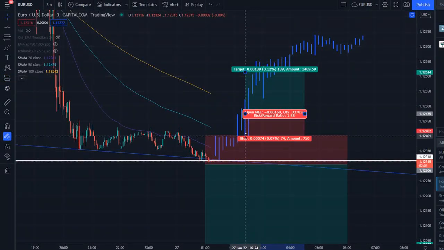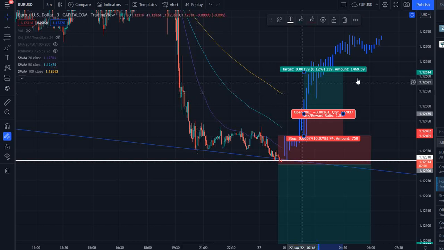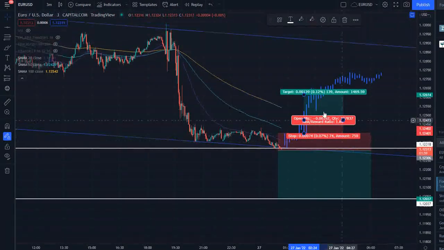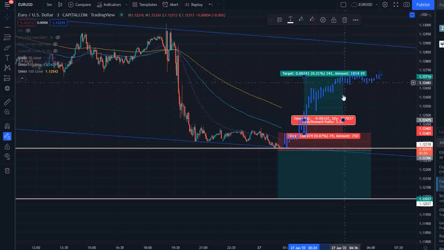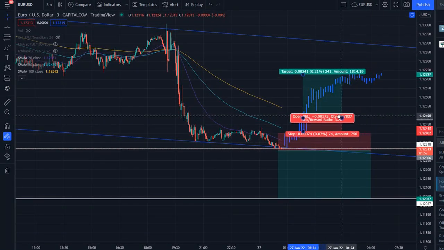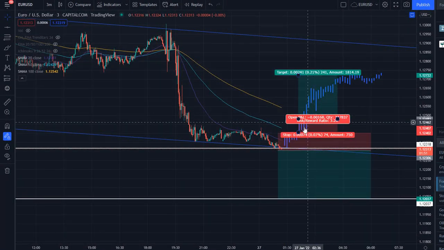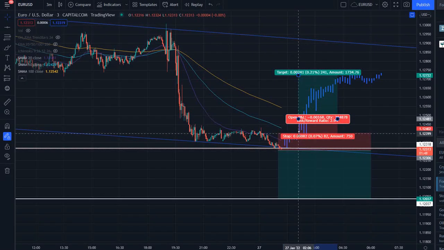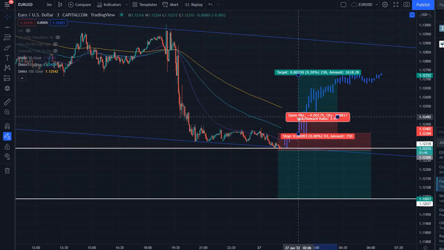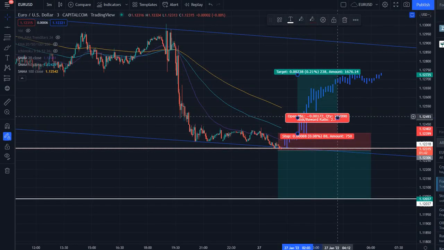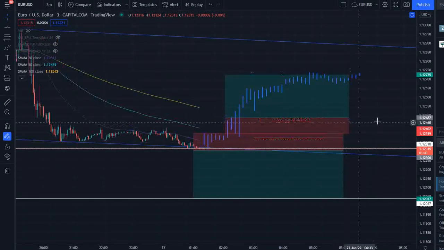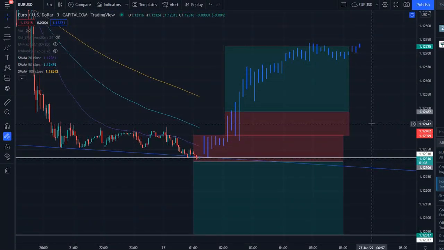Preferred target would be somewhere on this line, and then I will target these here in this case. Again, on this candle, if it does bounce, and then there. These are the two possibilities which we can do.